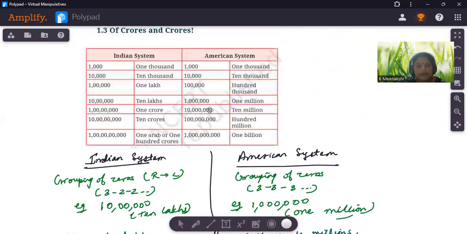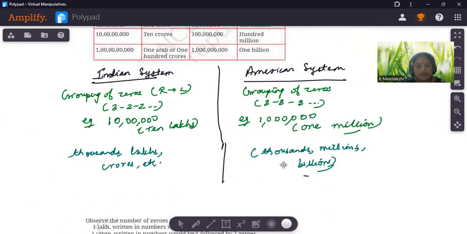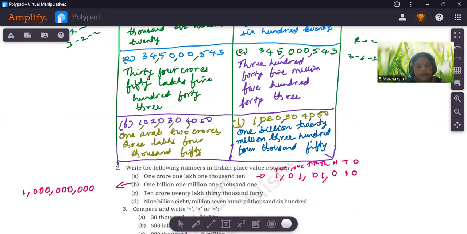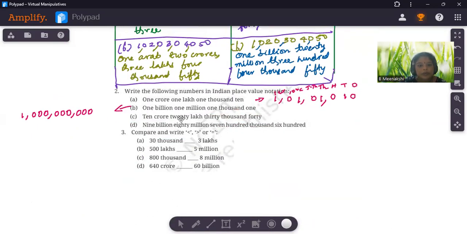So 1 million is 1 followed by 6 zeros. Okay. So what will you do? You will place for 1 million over here. I'm doing a little bit detailed explanation so that you can understand. So this becomes 1 billion, 1 million. We have done with 1 billion, 1 million.